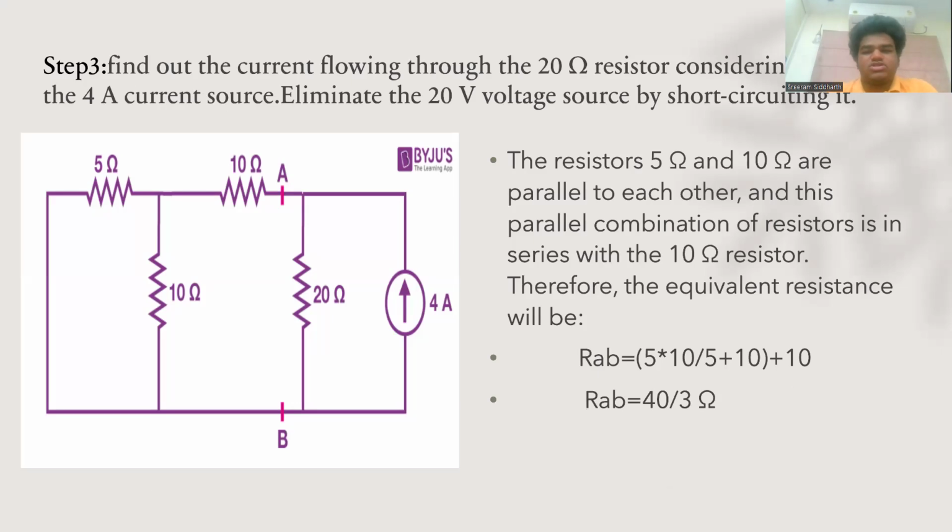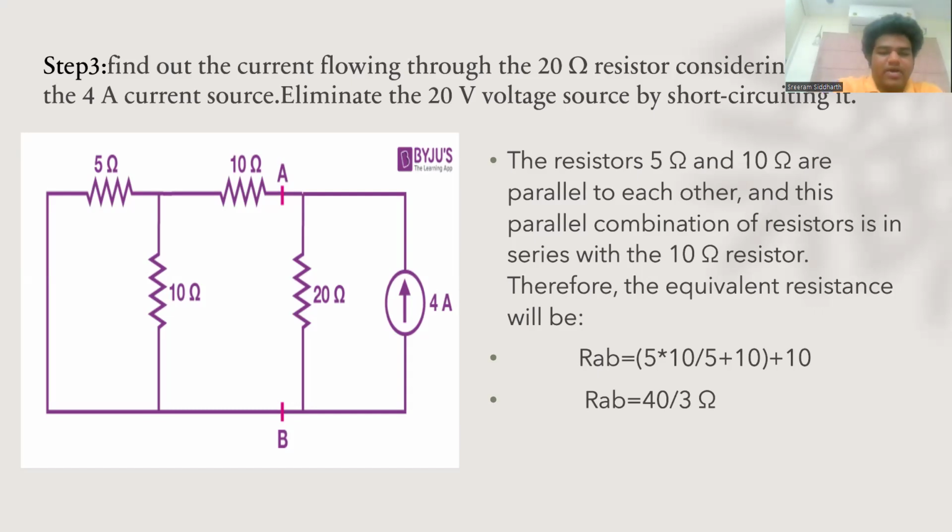we consider the 20 ohm resistor also. We'll be using the 4 ampere current source, and we'll be short circuiting the 20 volts source. Here, if you can clearly see, the 5 ohm and 10 ohm resistors are parallel to each other.